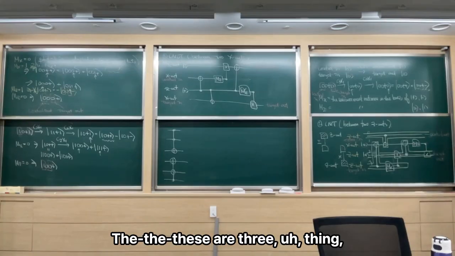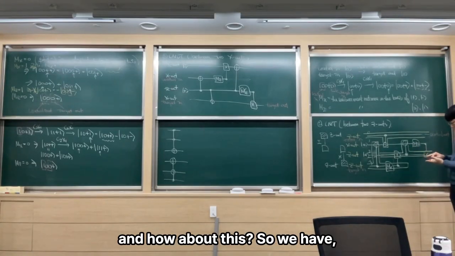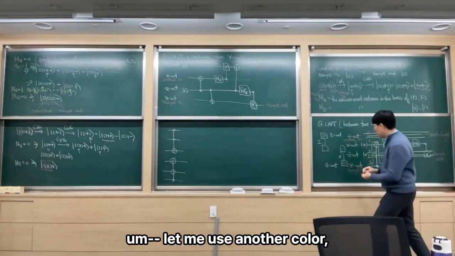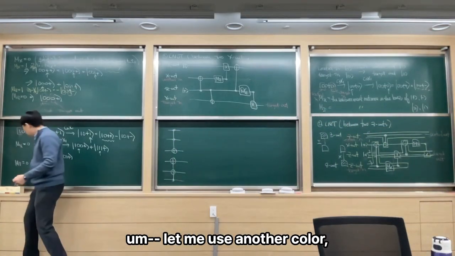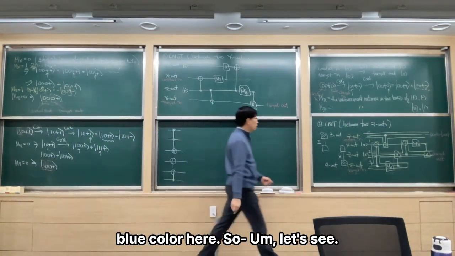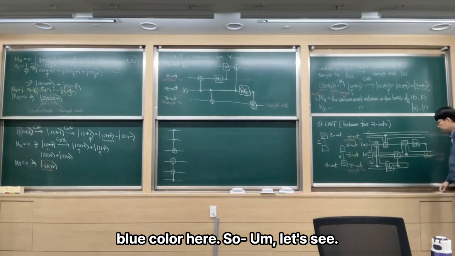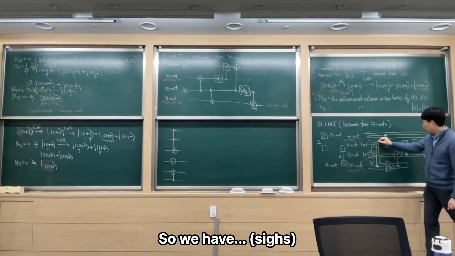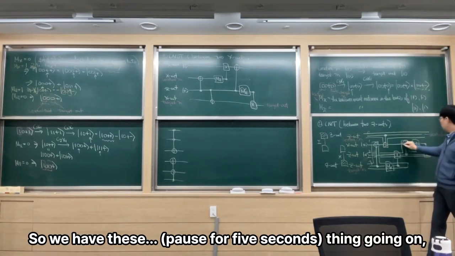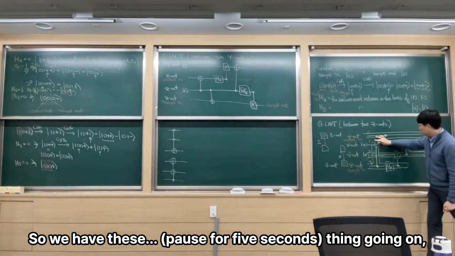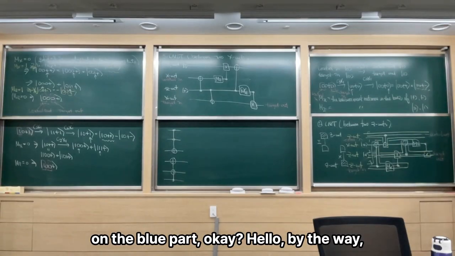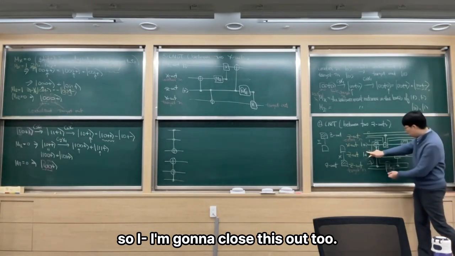So these are three things. And how about this? Let me use another color, the blue color here. So we have these things going on in the blue part. By the way, I'm going to close this out too.